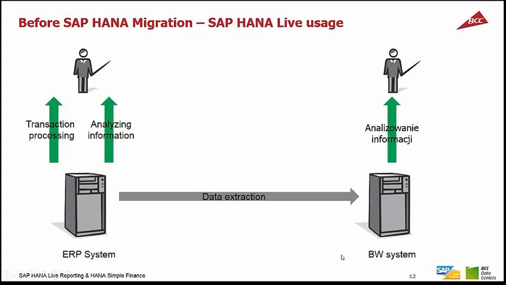Usually when we have a BW system, there are a lot of reports already prepared, so we don't resign from them when introducing SAP HANA Live. But SAP HANA Live can take much of the reports that till now were prepared in the BW system.